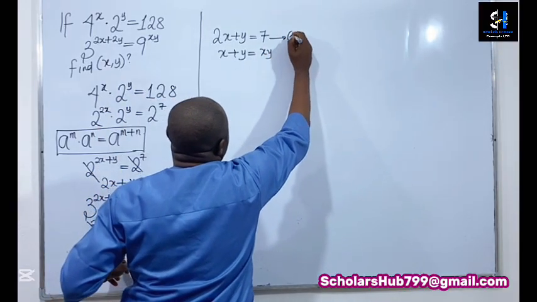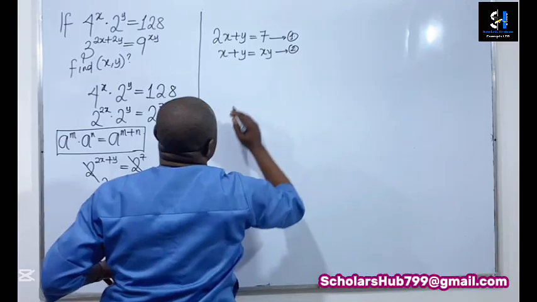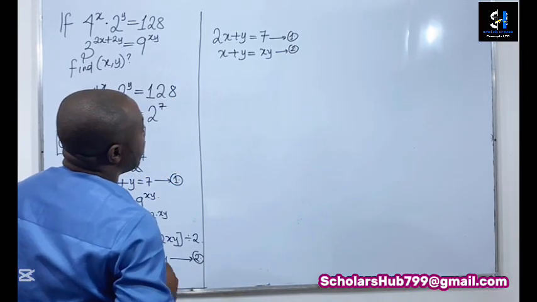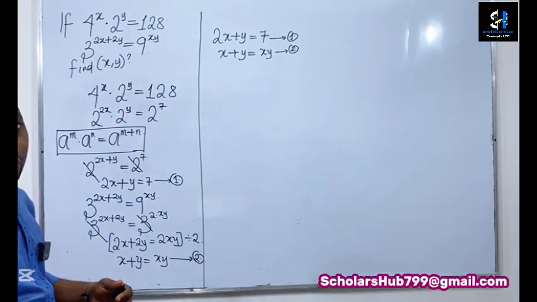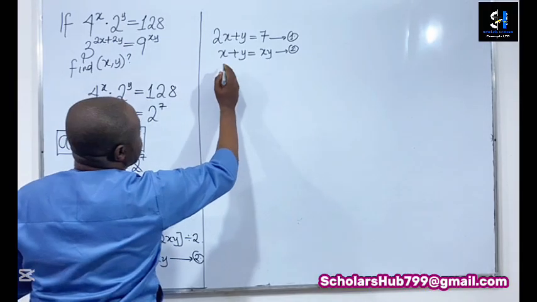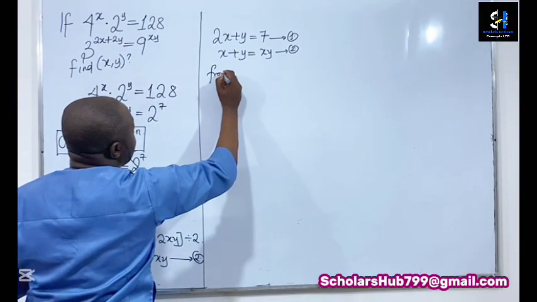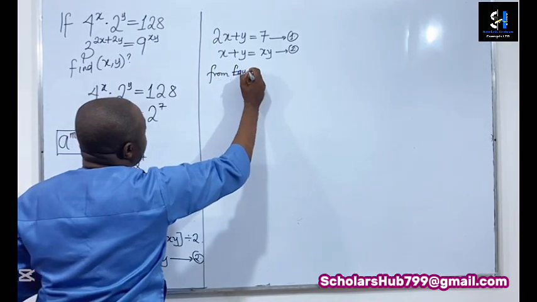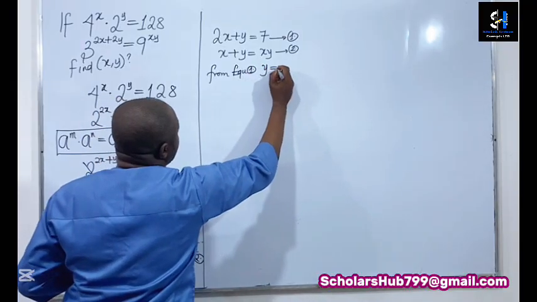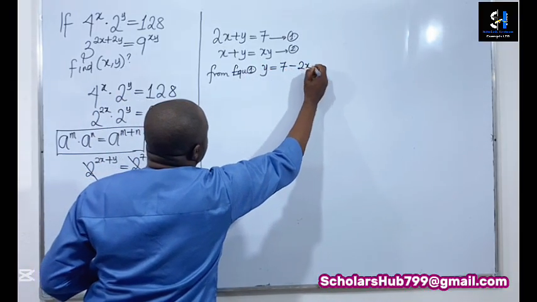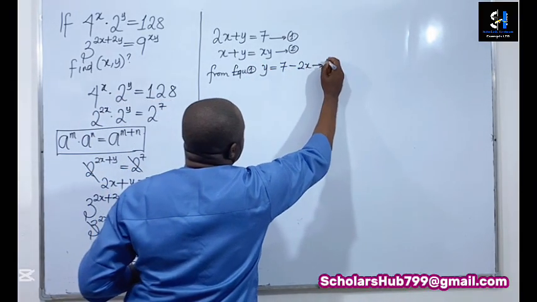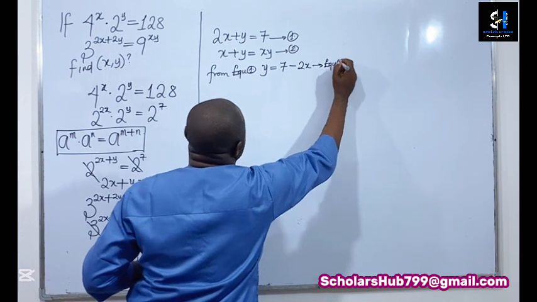This is equation 1, and this is equation 2. Okay, now we can use equation 1 to solve equation 2. And to do that, let me write from equation 1, we can say that y equals 7 minus 2x. Then we can also call this equation 3.